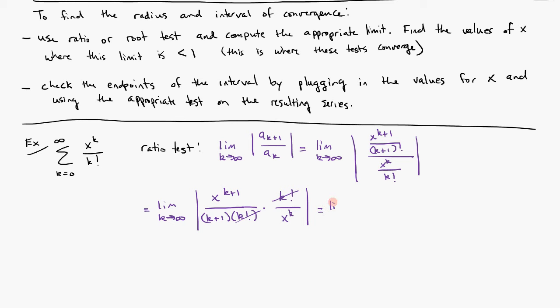So this is the limit as k goes to infinity. We have x in the numerator, and k plus 1 in the denominator. And we can separate the absolute values, and so we can pull the x out because the limit is in terms of k. So this is the limit as k goes to infinity of 1 over k plus 1.